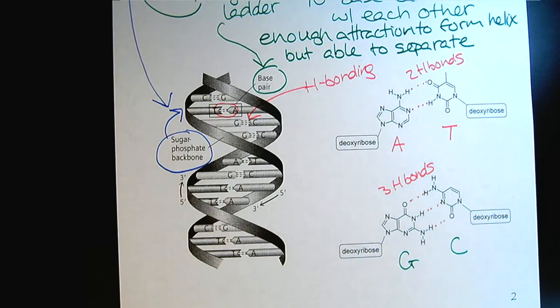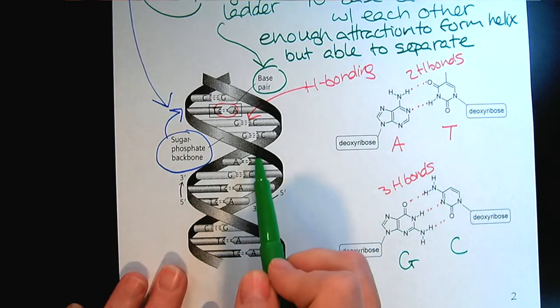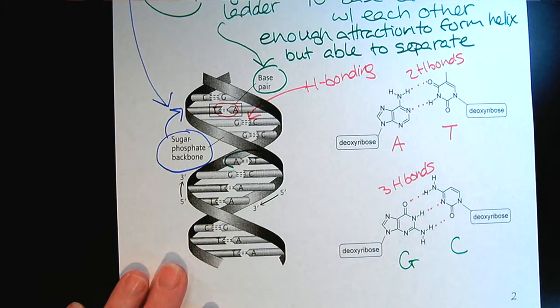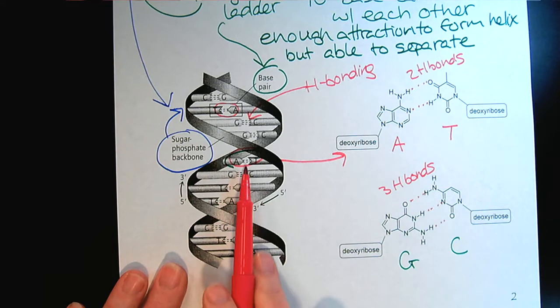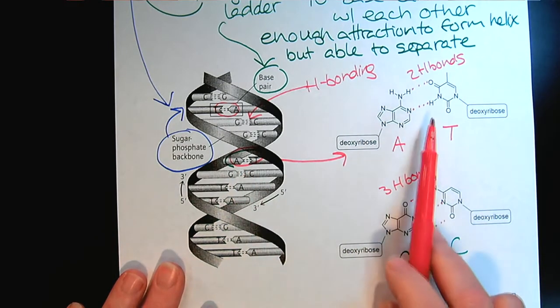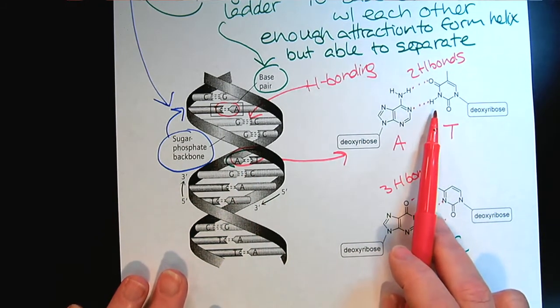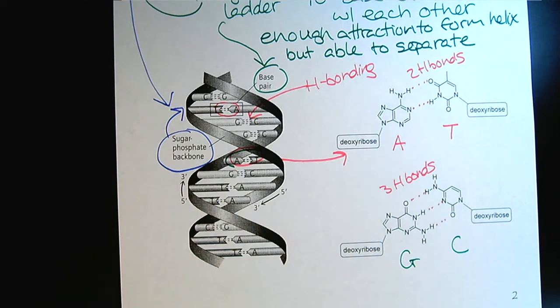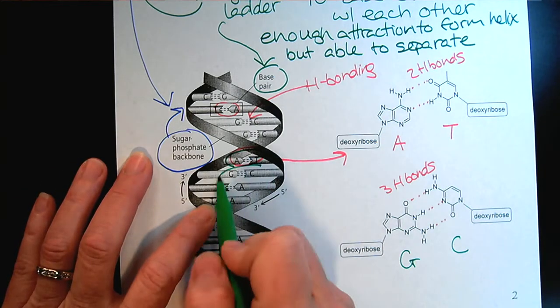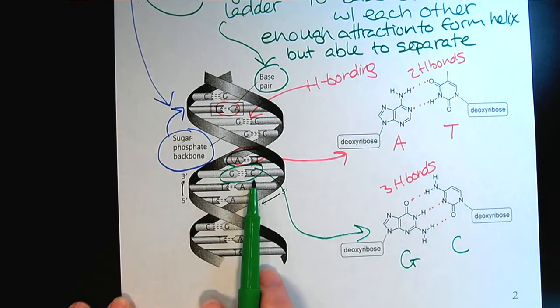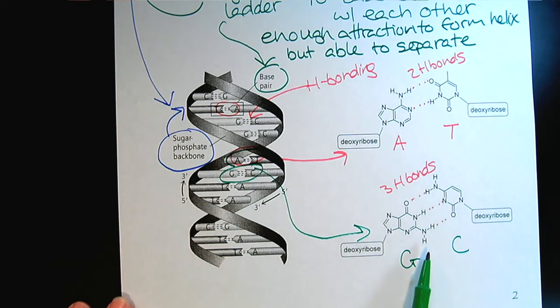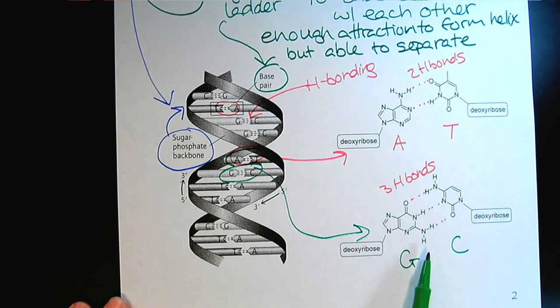And so if we look here, for example, here's adenine to thymine right there. So here it's shown in the schematic, and this is what it would look like if we got down to the atomic level. And then here, there's guanine and cytosine. And so this is what it looks like symbolically, and there we see it at the molecular level. Alrighty.